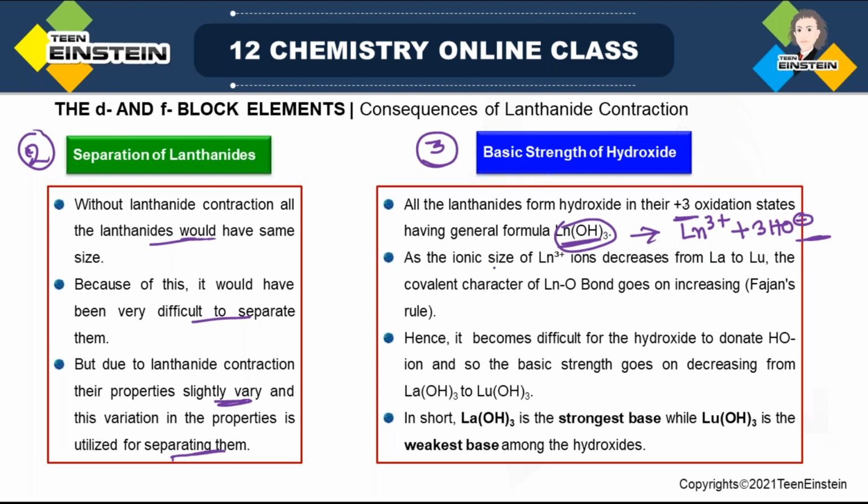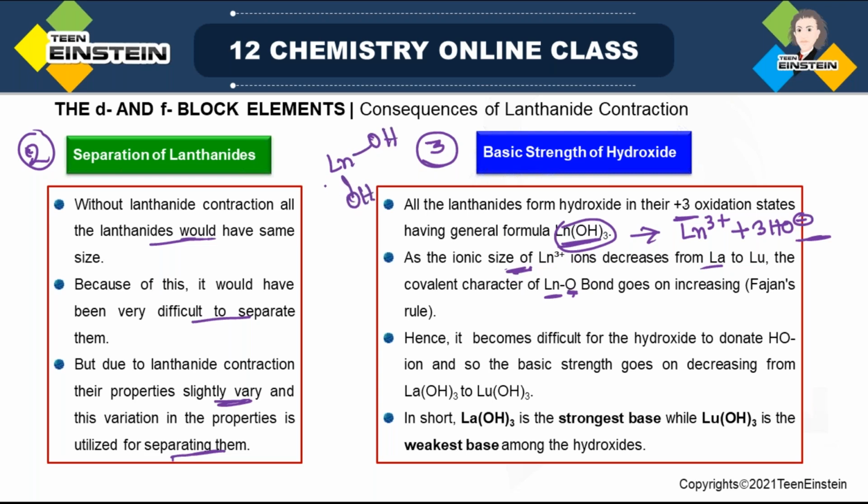Now we know that the ionic size of Ln3+ ions decreases from La to Lu because of lanthanide contraction. So what happens to the covalent character between the Ln and O bond in this Ln(OH)3, where the OH is attached in this way?